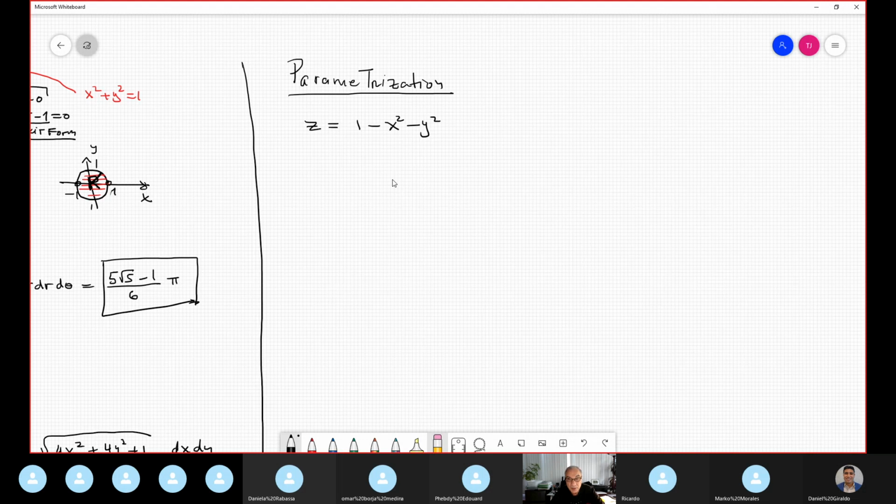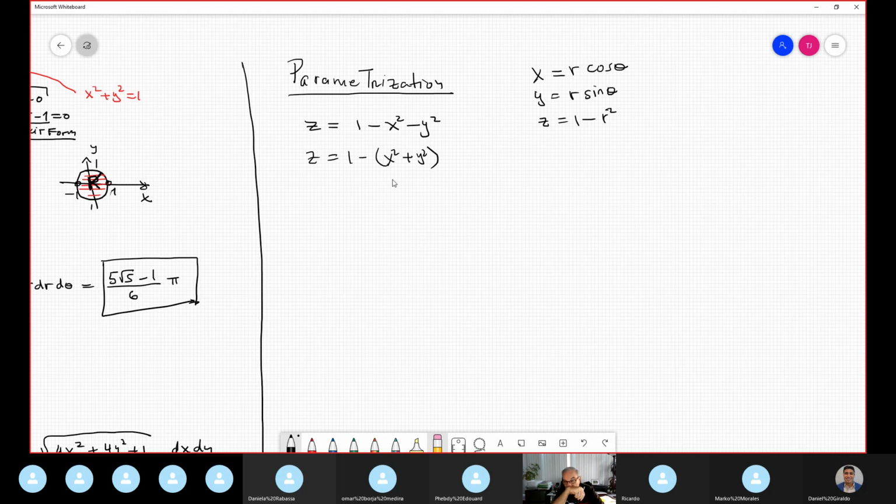So you call, for example, x equals r cosine theta, y equals r sine theta. And I know that x squared plus y squared is 1. And z is 1 minus x squared minus y squared. If you factor out the negative 1, we have x squared plus y squared, and x squared plus y squared is r squared.